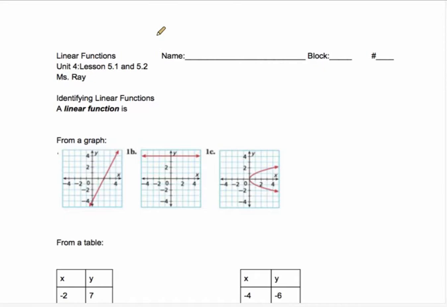All right, this is the video for chapter 5.1 and 5.2, talking about linear functions, identifying them. So first, let's identify what a linear function is.